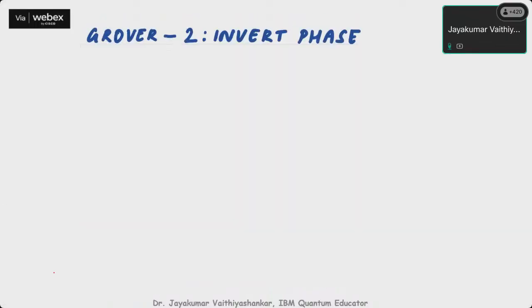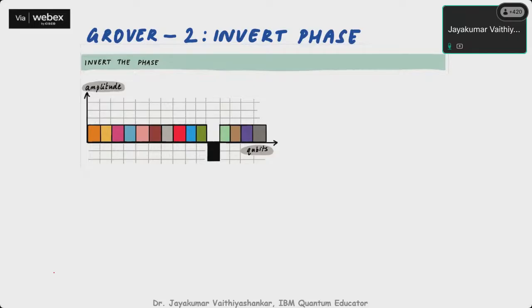Once you do this, you can identify the correct answer. Then you need to invert the phase. Once you identify the correct answer, you need to invert that positive phase to negative phase. How will you do that? By doing a phase flip. Whenever you find the correct answer, you multiply that item by -1 to the power f of x.